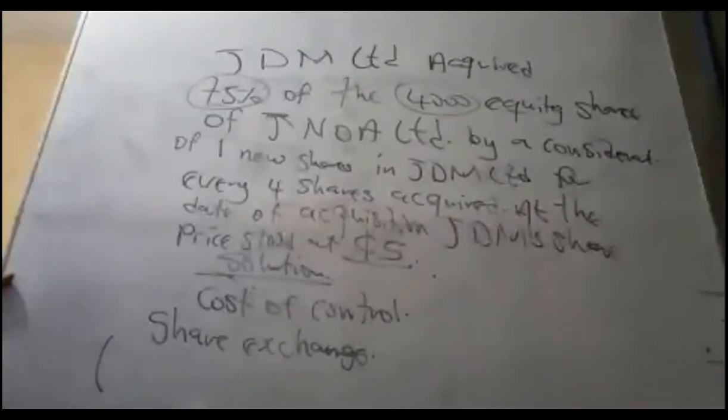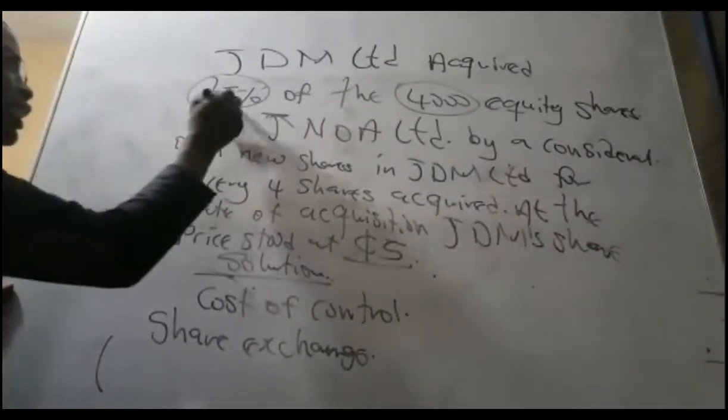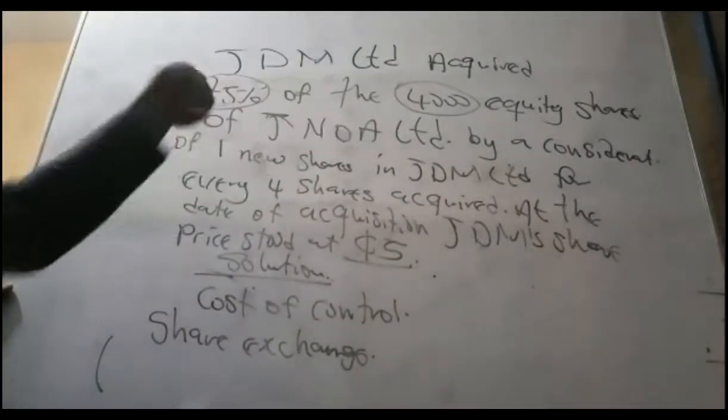So JDM acquired 3,000 shares. That's the first thing that you have to look out for: the number of shares acquired by the parent company.